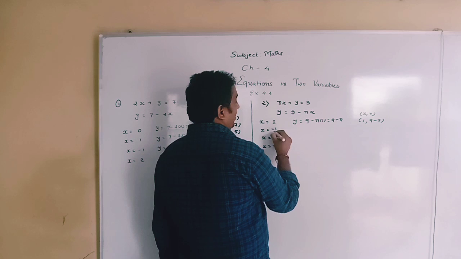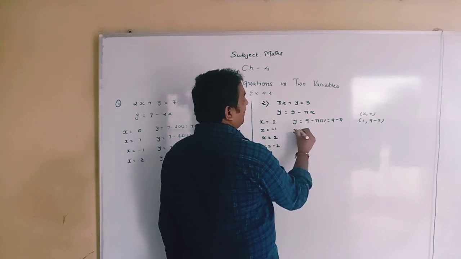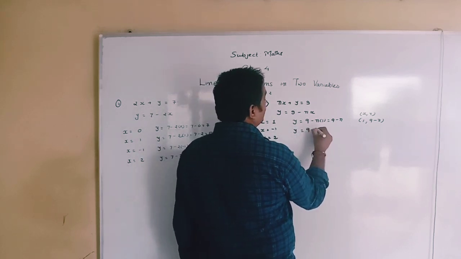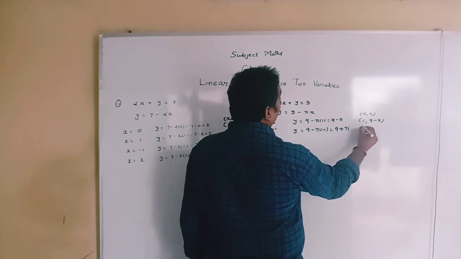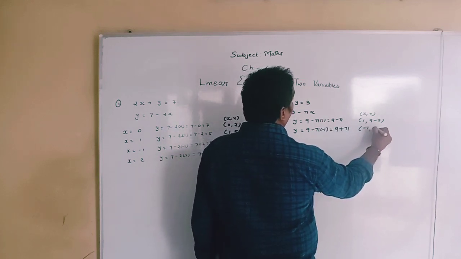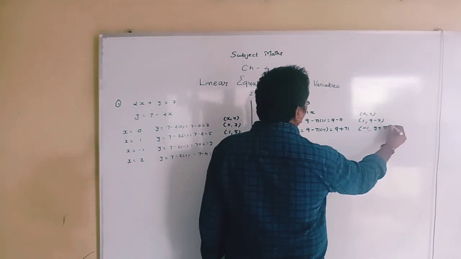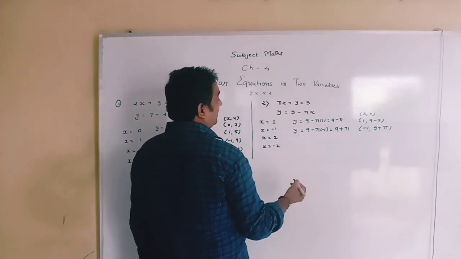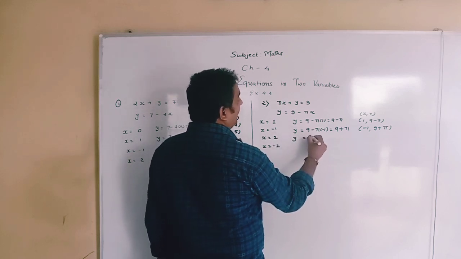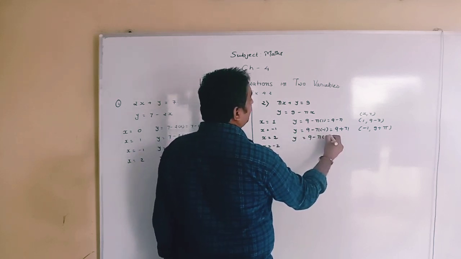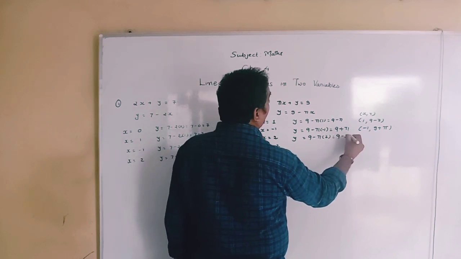Now x equals minus 1 we take, then y equals 9 minus pi into minus 1, so 9 plus pi. And so we get (minus 1, 9 plus pi) as a solution. Then x equals 2 we take, then 9 minus pi into 2, that is 9 minus 2 pi.